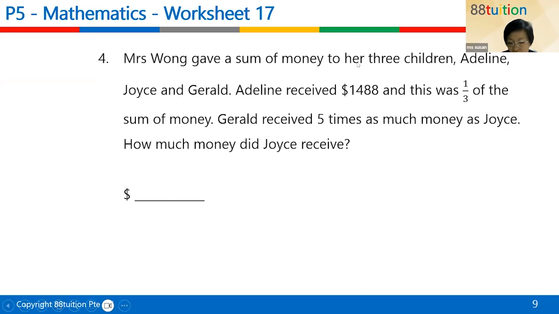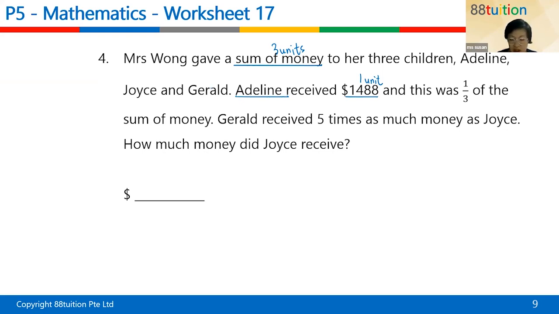So this one is 1/3 of the money, meaning to say when this is 1/3, this is 1 unit out of the sum of the money, which is 3 units. Okay, so she got only a small portion of it.